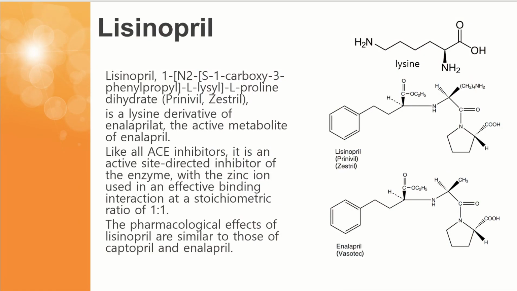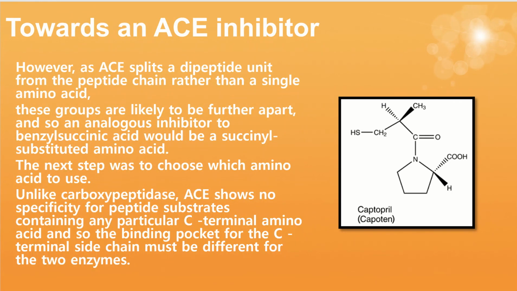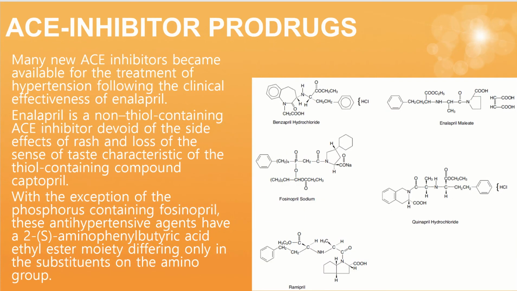All right, so we're going back to the structure here, and perhaps we should go all the way back to Captopril, where we saw that it has a thiol portion here. So enalapril is a non-thiol containing ACE inhibitor devoid of the side effects of rash and loss of sense of taste characteristic of the thiol containing compound Captopril.